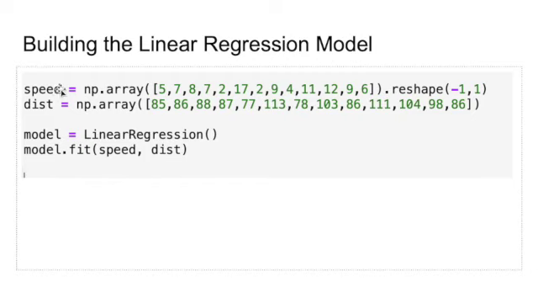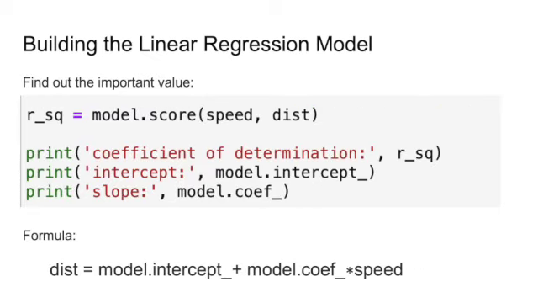So you have to build your x and y, the independent variable and dependent variable at first, and then create the model. Call the LinearRegression function and then use the model to fit the speed and the dist. Again, the speed is the independent variable and the dist is the dependent variable. After building the linear regression model, we can find the most important values.